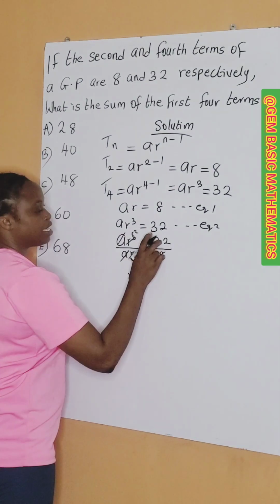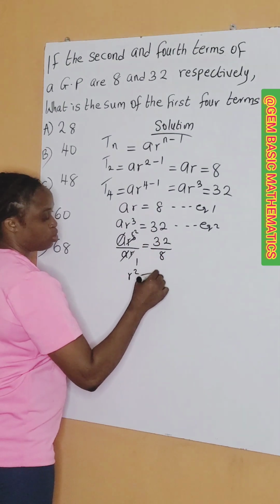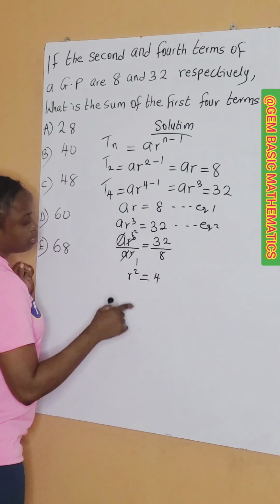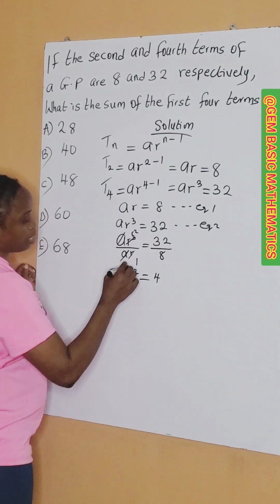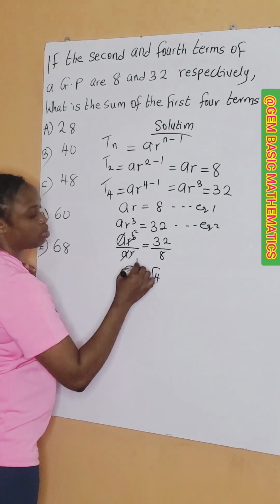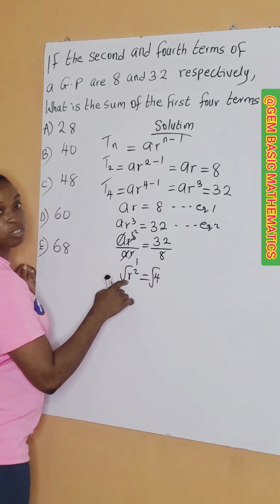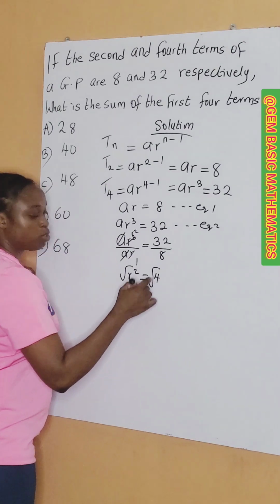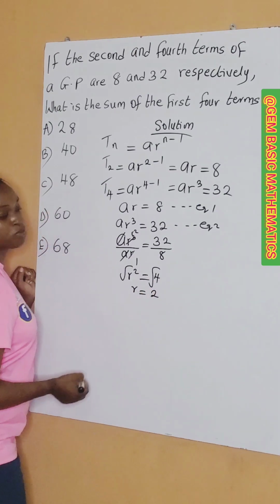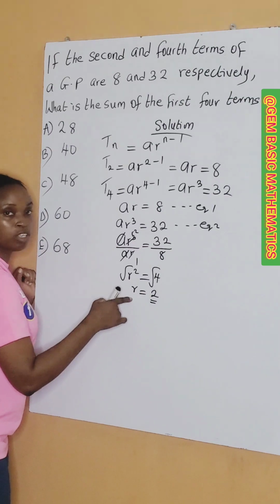So r squared equals 32 divided by 8, which gives us 4. To get the value of r, we take the square root of both sides. The square root of r squared is r, and the square root of 4 is 2. So our r is 2.